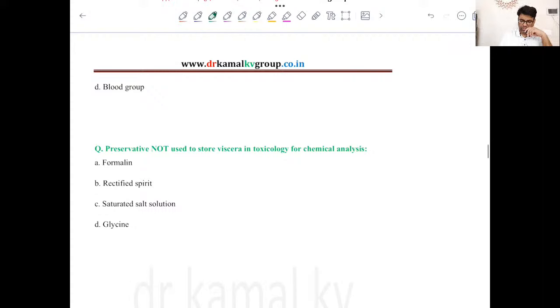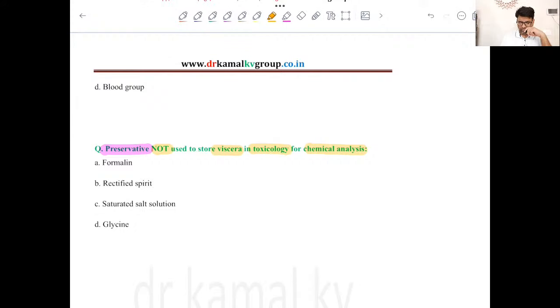Chalo. The next question was about the preservative for storing viscera in toxicology for chemical analysis. Which one is not used out of the four? Because whenever there is a case of poisoning and we have to preserve viscera, we use certain chemicals.